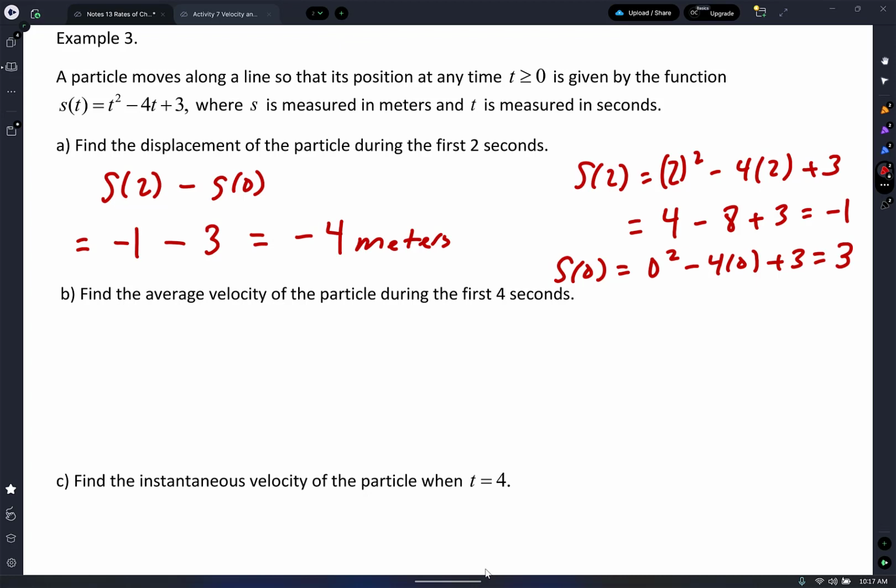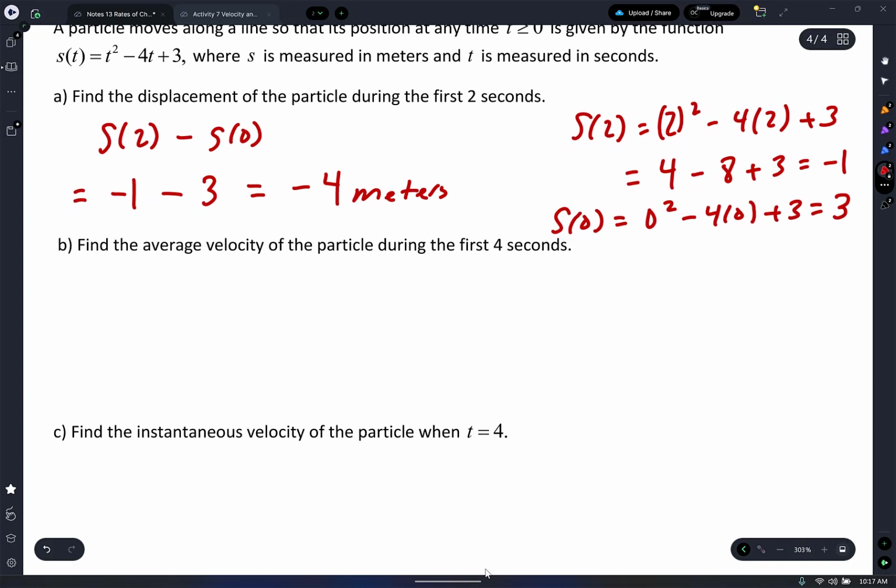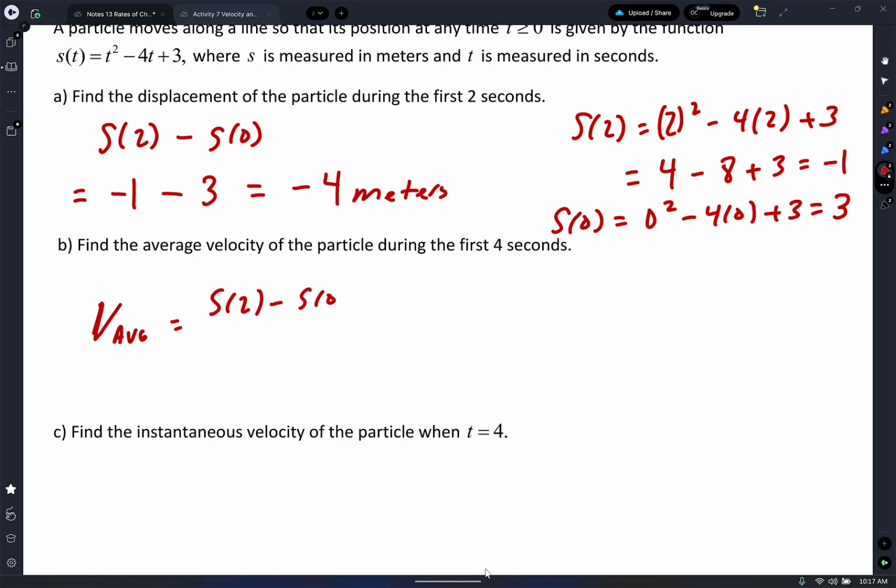So that means you're 4 meters to the left of where you started from, if you're in the x-axis. Yay or nay? Okay. Find the average velocity of the particle during the first 4 seconds. Average velocity is displacement divided by time. I already got my displacement up there, so I'm going to write velocity, AVG, equals, this is the average, it's not my instantaneous velocity, equals, I guess I'll write it, S of 2 minus S of 0 divided by 4.